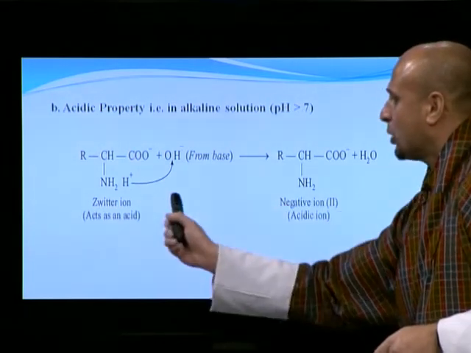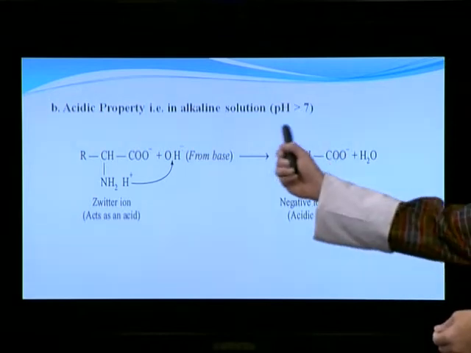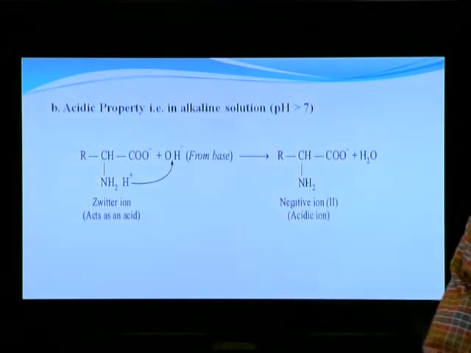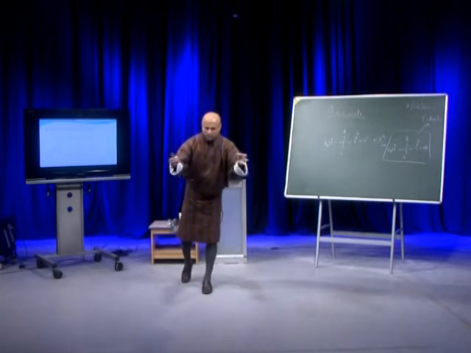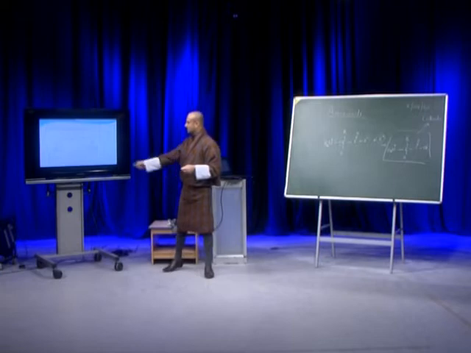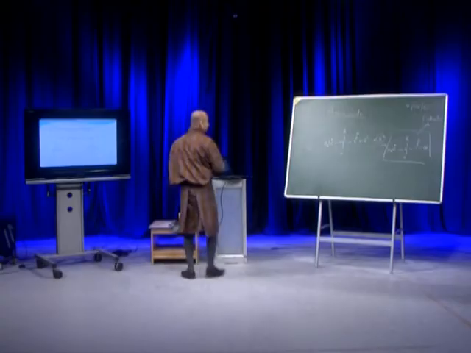As it goes out, the positive charge on this one will be lost. Hence, overall, the charge of this molecule will be negative. So if you place this in an electrolytic solution, it will always migrate towards the anode because it is a negatively charged ion. Again, I'll explain this using the board.